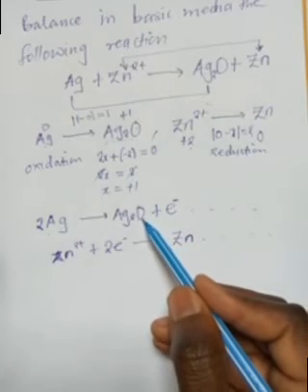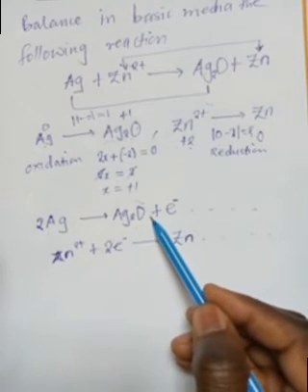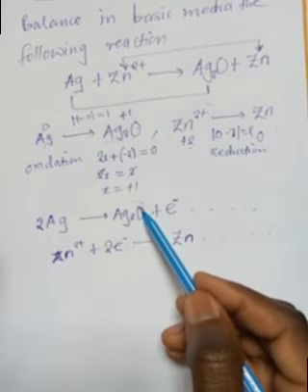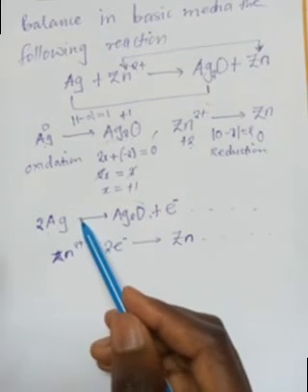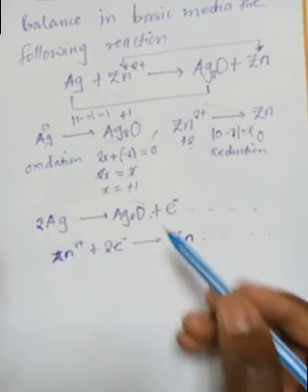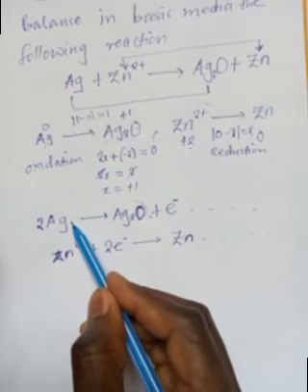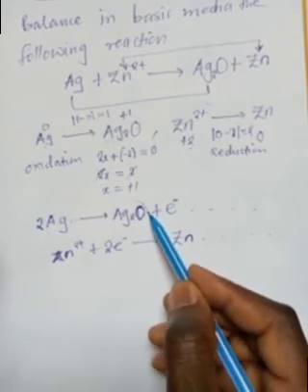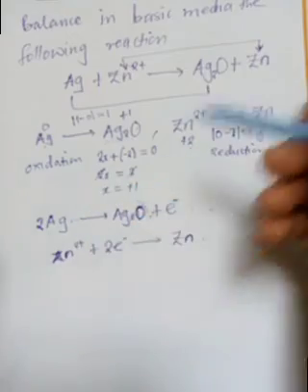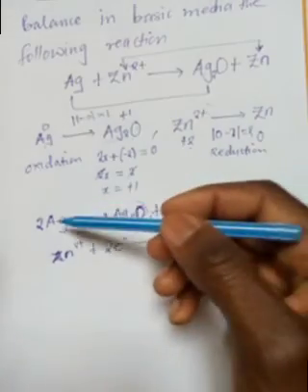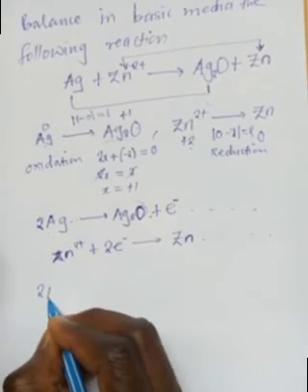Now, if you check clearly, you're going to understand that we have 1 oxygen at this given point, meaning that for me to balance this oxygen, I must introduce water molecules to this given part. How many water molecules are we going to introduce? Since we have only 1 oxygen here, you have to introduce 1 water molecule for this one, meaning that oxygen is going to balance. But since now we are going to introduce a water molecule, we are going to come up with another thing which is going to disturb us. In this case, we're trying to talk about hydrogen, meaning that I would do like this.